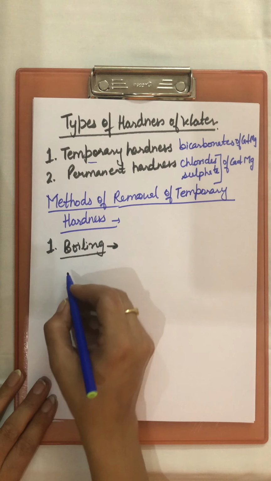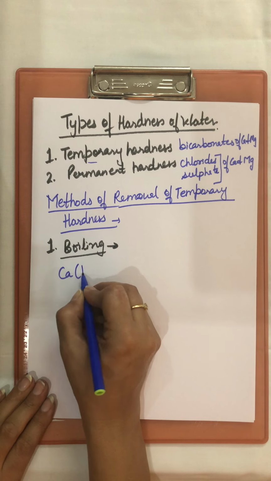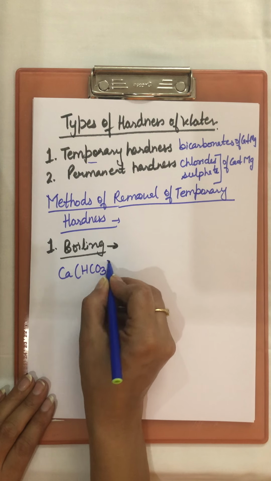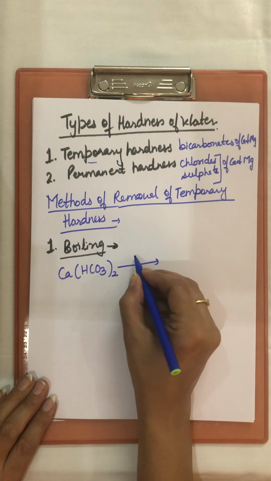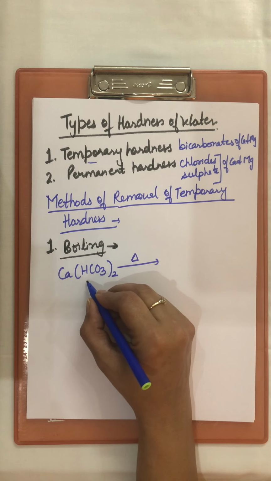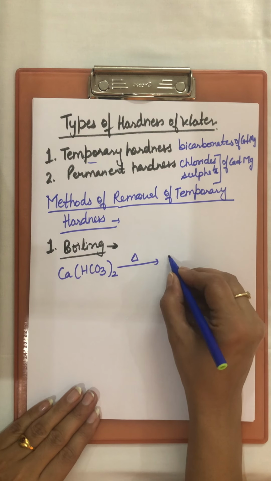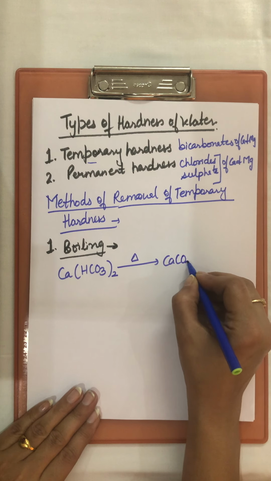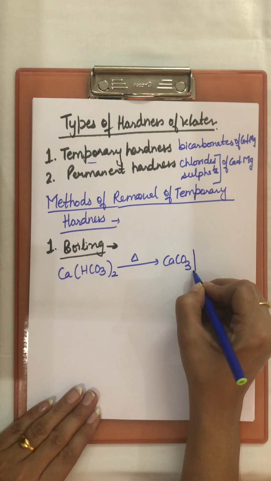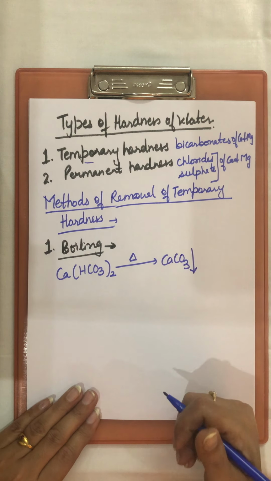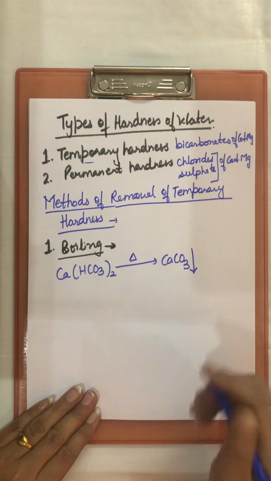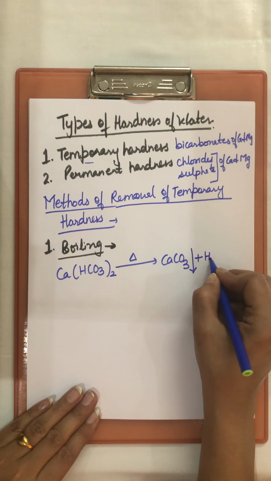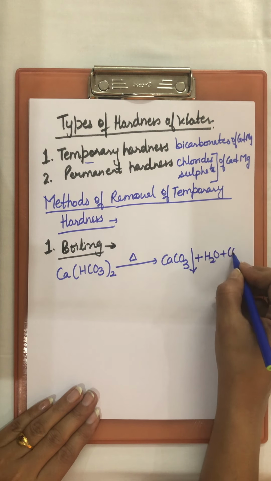When we boil the water, what happens to calcium bicarbonate, which I am taking? On heating, this calcium bicarbonate changes to calcium carbonate, which is not soluble in water, it is insoluble. So it will settle down in the form of precipitates, plus water and carbon dioxide.